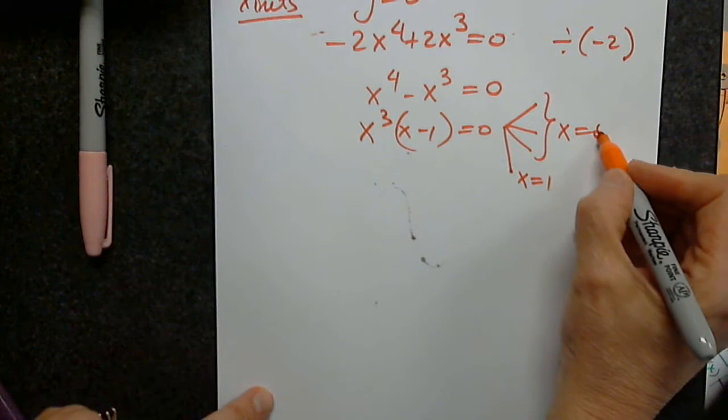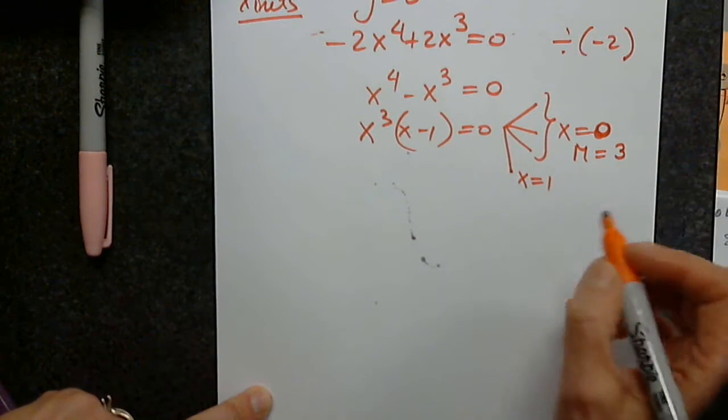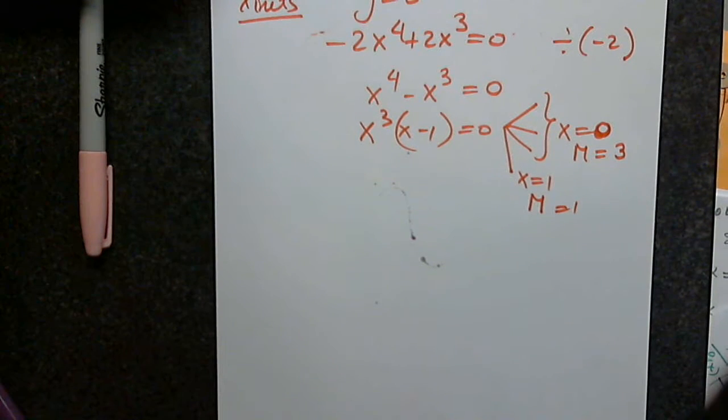Multiplicity for 0. Very good. Multiplicity for x equals 1. What does that mean? What will the function do when x is 1? Cross, straight cross, no waiting, right? Okay. What will the function do at 0?